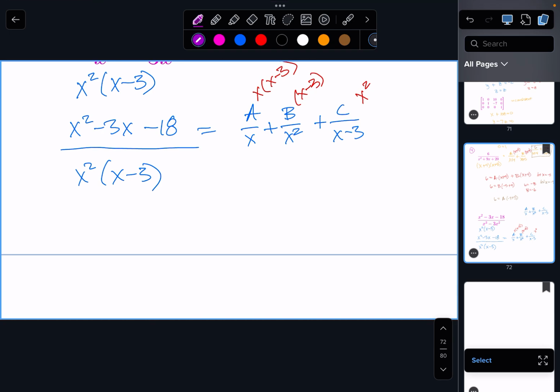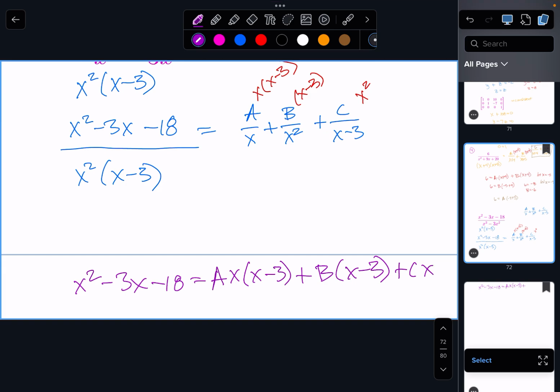So the numerator is x squared minus 3x minus 18 equals a times x minus 3 plus b times x minus 3 plus c times x squared.